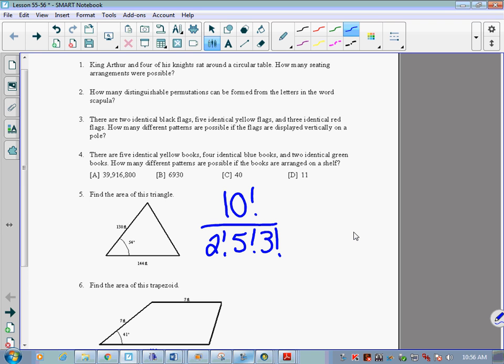Wait, did I miss something? Hopefully I didn't miscount. Oh, hold on, I'm looking at 3. Yep. 2,520. Kind of funny, that was our answer for scapula, right? 2,520 comes out to the same thing. Okay, so that's number 3.